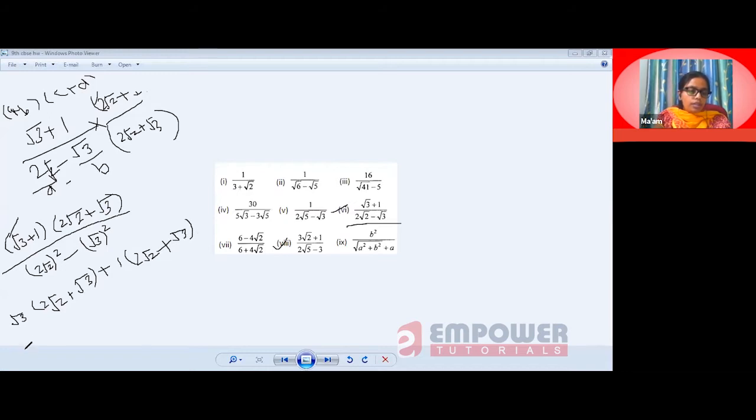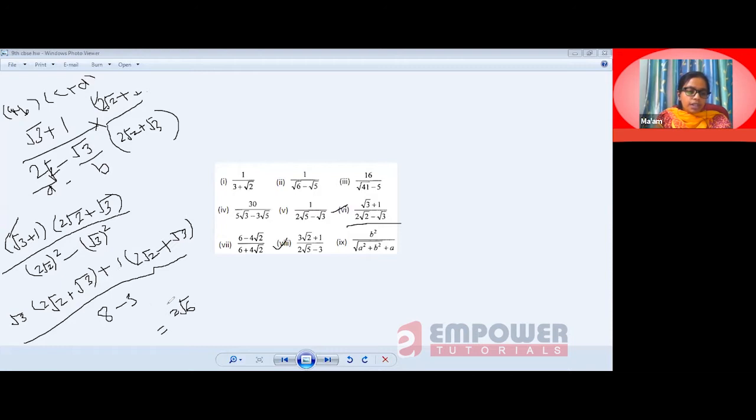Okay, so in the denominator you will have 4 into 2 will be 8 minus 3. So in the numerator you will multiply two irrational numbers, so that will be 2 root 6, right?